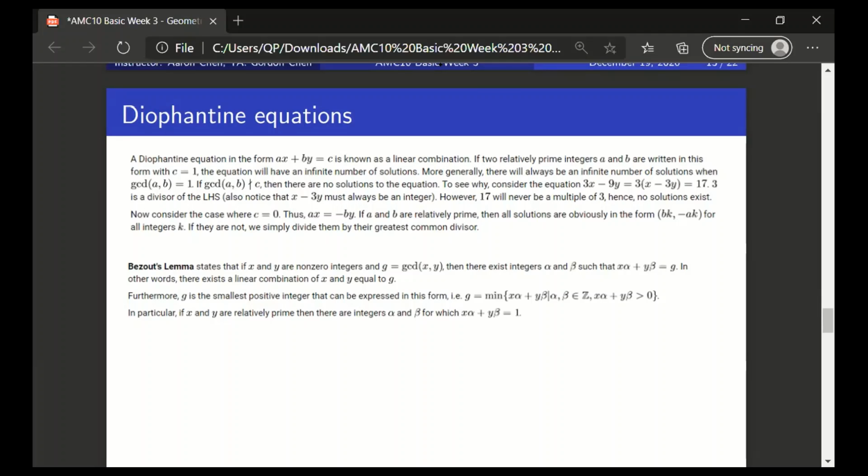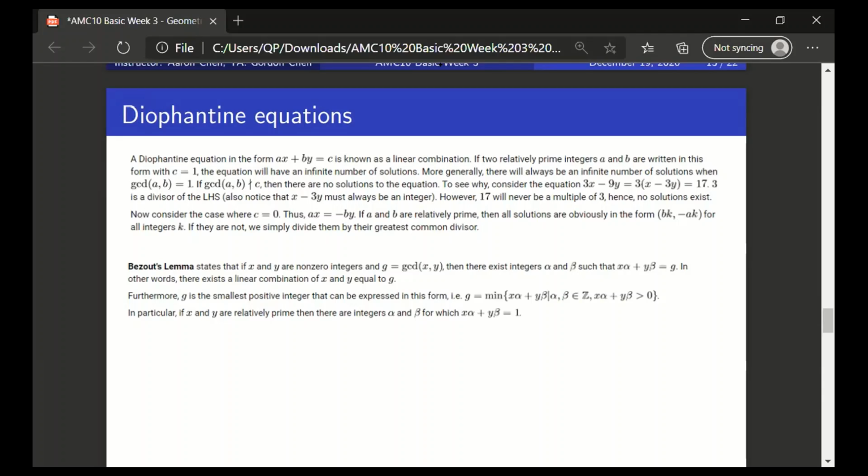Now, Bezout's lemma basically says that if x and y are non-zero integers, and you let g be the GCD of x and y, then there exist integers alpha and beta such that x times alpha plus y times beta equals g. In other words, there exists a linear combination of x and y that equals g, and this holds true for any non-zero integers x and y.